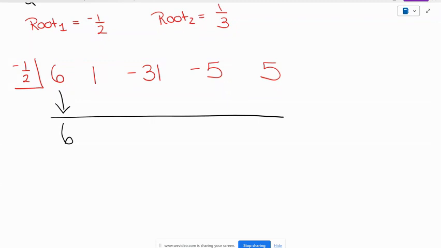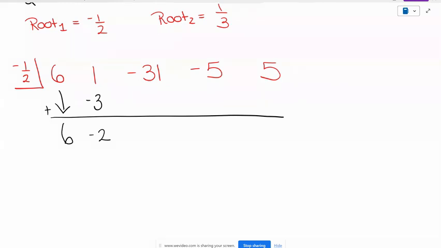What's half of 6? 3, but it's a -1/2, right? So wouldn't that be -3? And then I have 1 minus 3, which is a -2. And then what's half of 2? Half of 2 is 1, but because they're both negative, it becomes a positive.